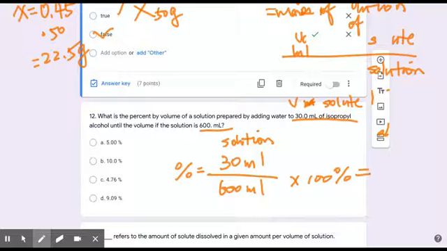So it's 0.05. Convert to percentage, times 100%, is 5%. So the answer is 5%.